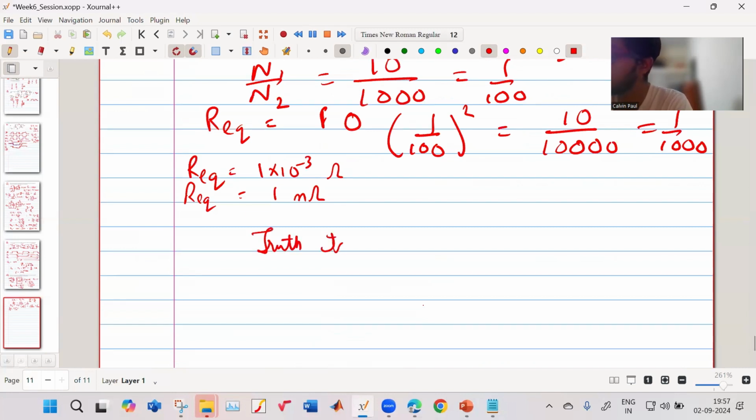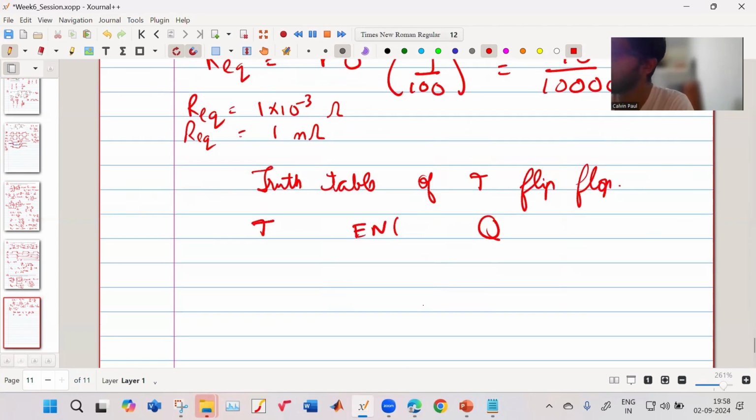The truth table of T flip-flop: this is T, this is enable or your clock, and this is Q. So when your T is 0 and your enable can be either 0 or 1, your Q will remain at its previous value. But when your T is 1, and when your clock comes, your Q will change its polarity.